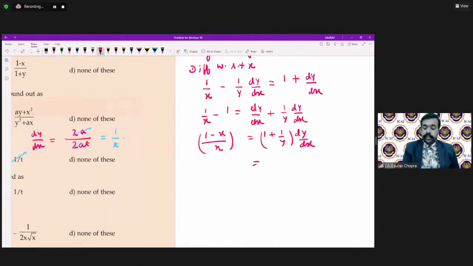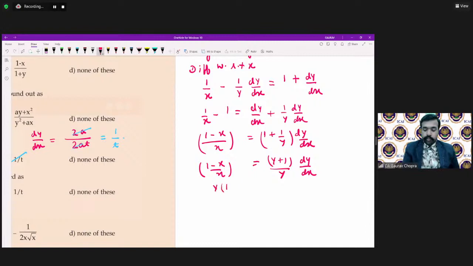Here again y is the LCM. On the opposite side, 1 minus x upon x. Now we have to find the value of dy by dx. So we just keep dy by dx on one side and the rest on the opposite side. So let's cross multiply.